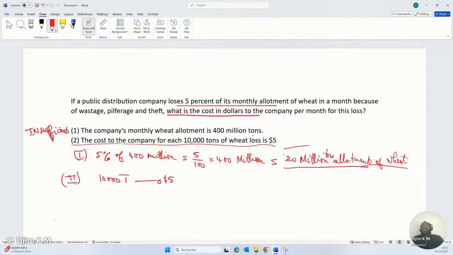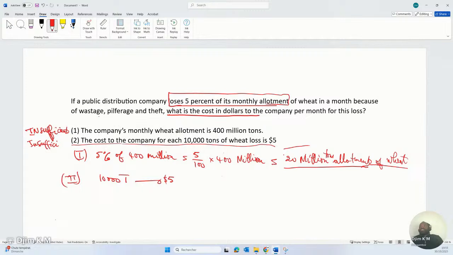We don't know the company's monthly wheat allotment, so we can't determine the 5%. So the second condition is also insufficient.